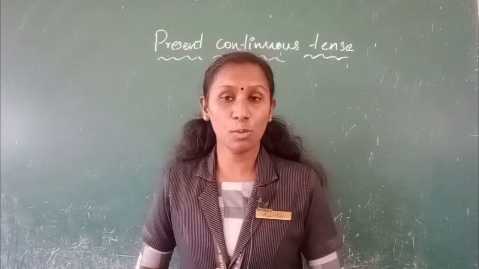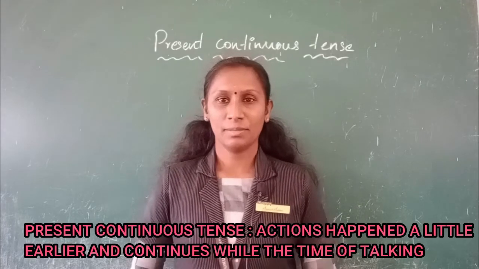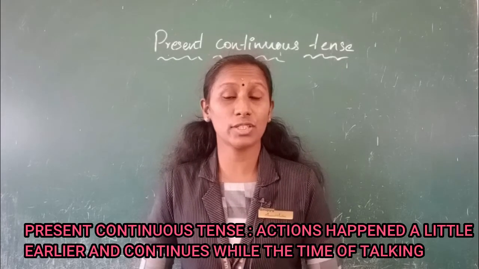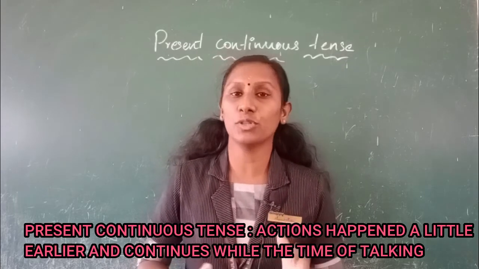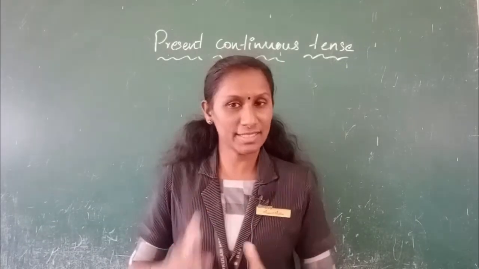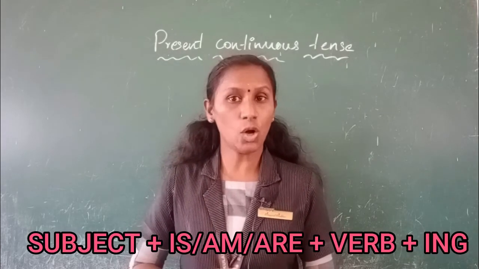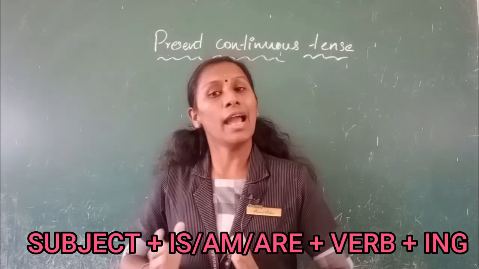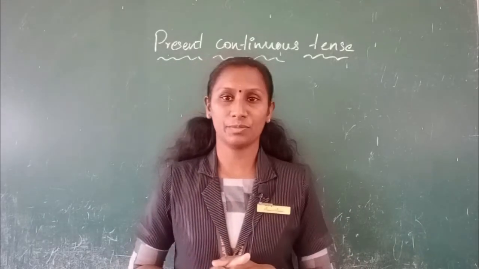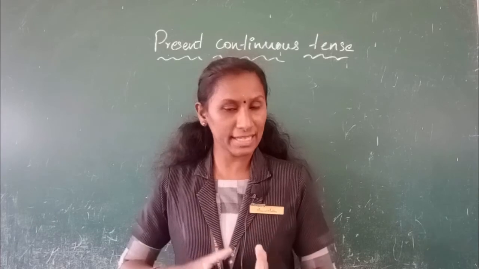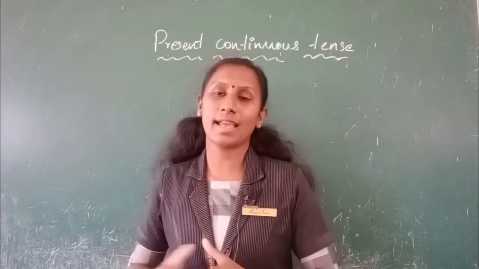Now the second form of present tense is present continuous tense. Present continuous tense denotes actions happened a little earlier and continues while the time of talking. In present continuous tense, the subject is followed by is or are or am plus verb plus ing. If the subject is singular, is is added. If the subject is plural, are is added.